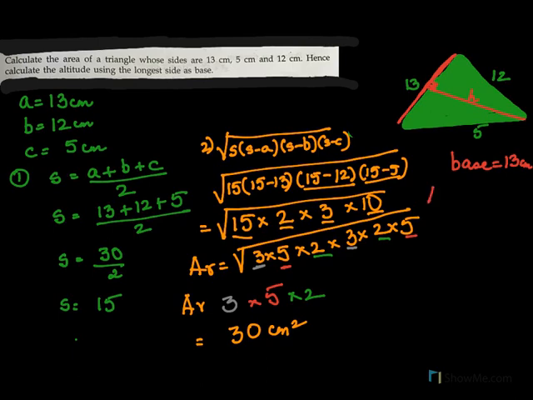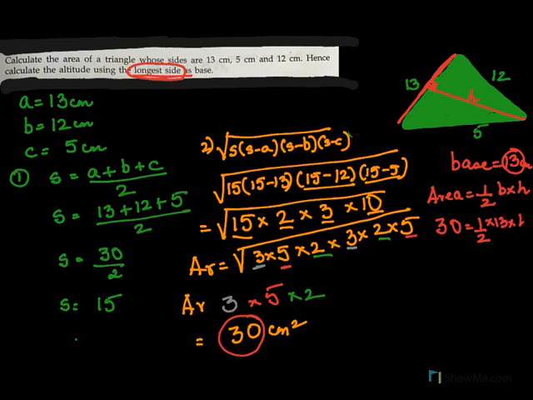I know the formula for the area of a triangle: half base into height. Now the area I found is 30, so I will put 30 here. And my base I know is 13. They have said take the longest side, so I have to take this as 13 and H. So here I have 30 into 2 over 13 equal to H. You need to solve this to get your answer.